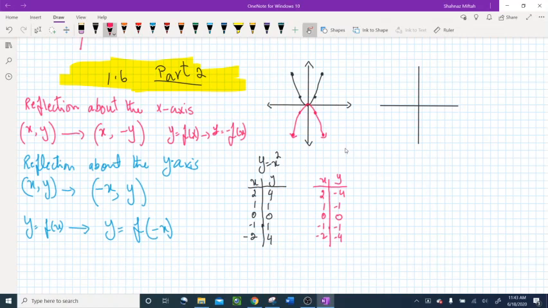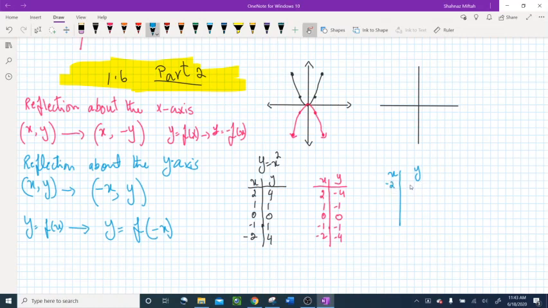Now let's do reflection about the y-axis. And since it comes out the same, I'm just going to do it here so you will see it looks the same up here. For the reflection about the y-axis, we have x values and y values. Across the y-axis we change the x values, positive to negative, negative to positive.